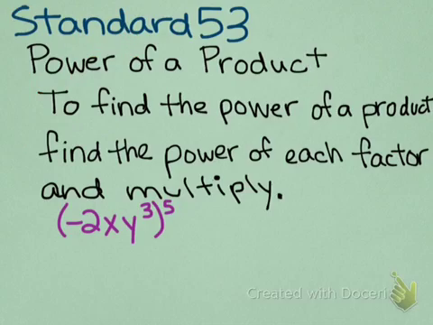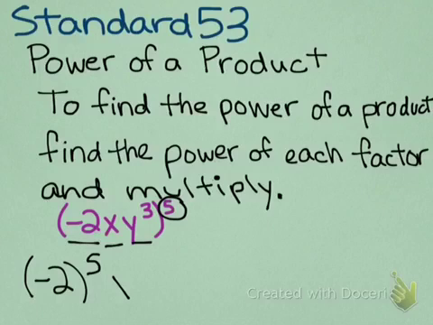All right. The last concept is power of a product. So you have lots going on in a parenthesis, all of that to a power. To find the power of a product, find the power of each factor, and then multiply. So, for example, I'm going to take this 5 and apply it to every factor inside. Each base gets that exponent. So we'll have negative 2 to the 5th power, x to the 5th power, and y to the 3rd to the 5th power.